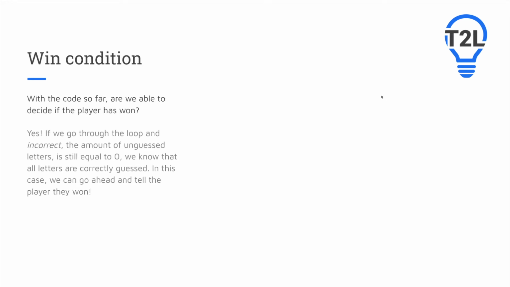Exactly, yeah. If we go through all the loops and incorrect still equals 0, we know the player has guessed all the words and they win. So let's go ahead and write that into the code.